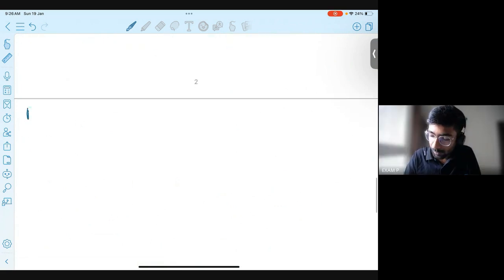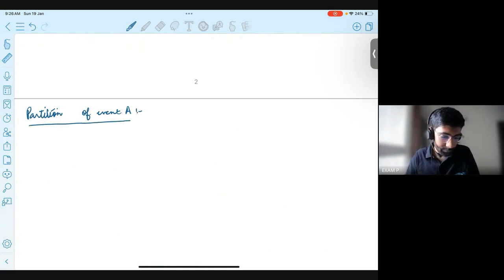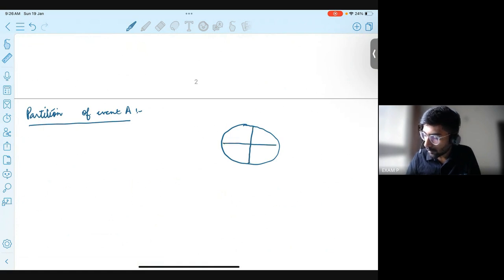Then you have partition. Partition of event A. So what do you mean by partition? If you have an event A and if you partition it, let's say 8 number of times.